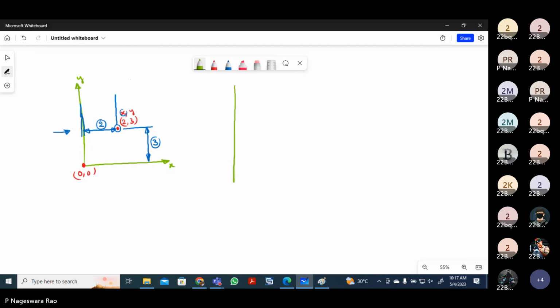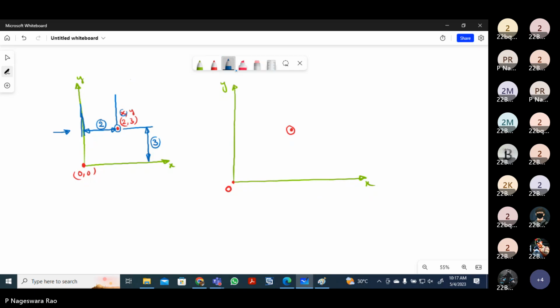Suppose, for example, again take the x-axis and y-axis, and this is the origin, where the x distance and y distance are 0. Now let us take a point here.